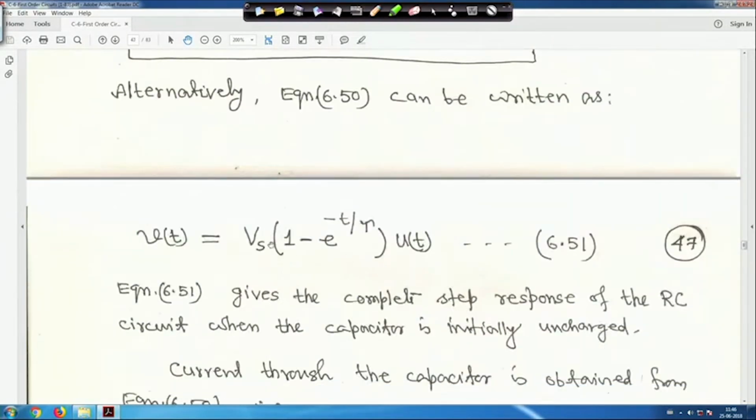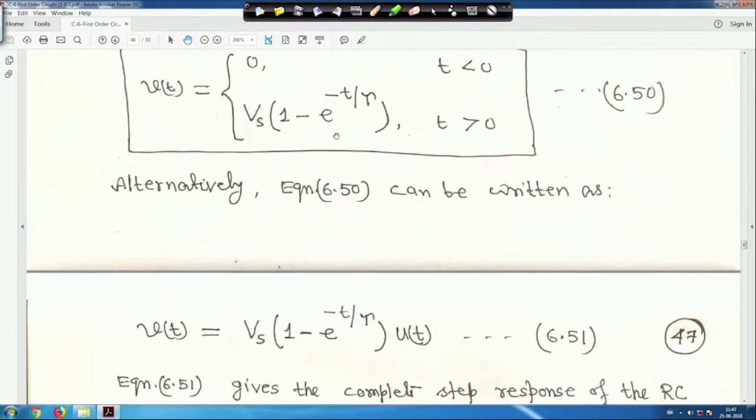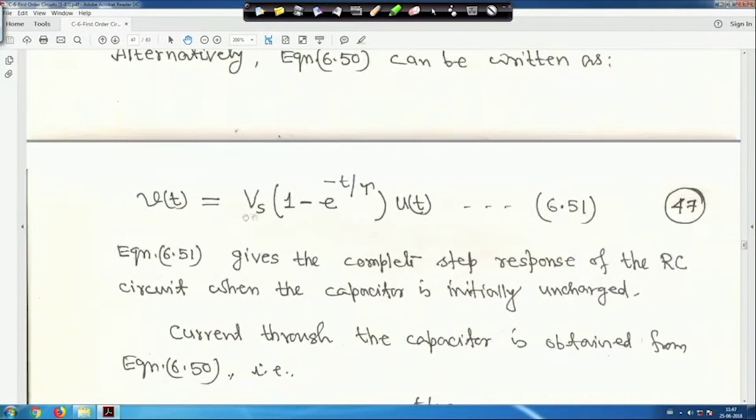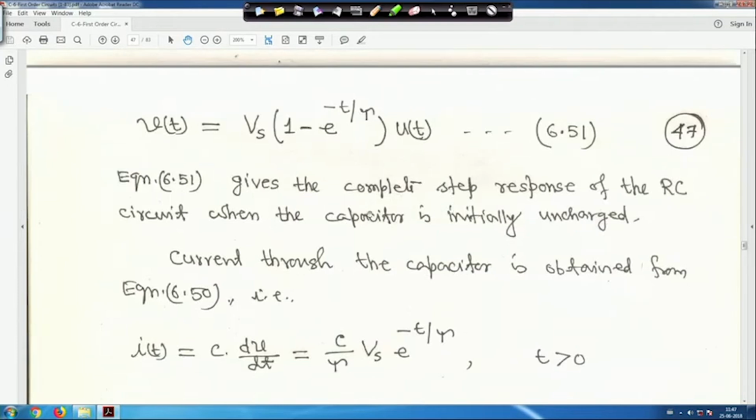So, when u(t) is equal to 1, it will be Vs (1 minus e to the power minus t by tau). Combining these two, we can write Vt is equal to Vs (1 minus e to the power minus t by tau) into u(t). This is equation 51. Hope this is understandable to you, right? Not a very simple thing. This equation 51 gives the complete response of the RC circuit when the capacitor is initially uncharged, right.